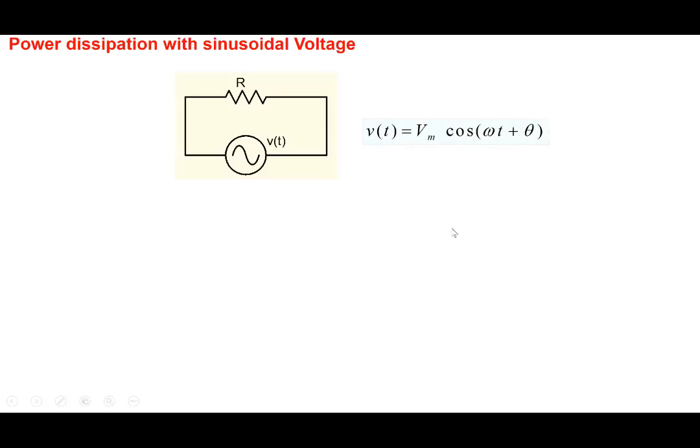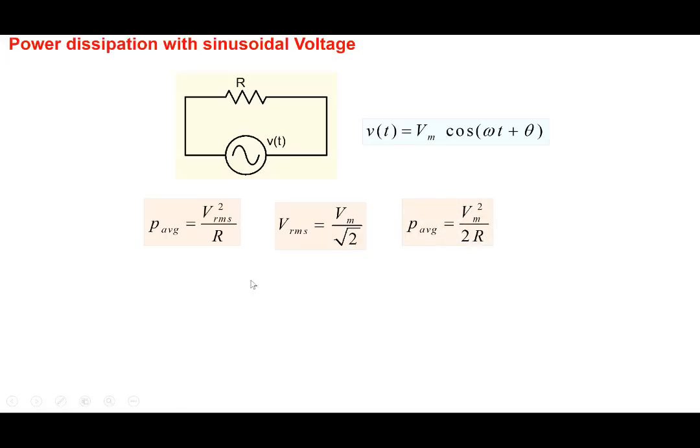So the power dissipated when we apply a sinusoidal voltage across a resistor, P average, would be VRMS squared by R, and the RMS value is Vm by square root 2, and therefore power is Vm squared by 2R.